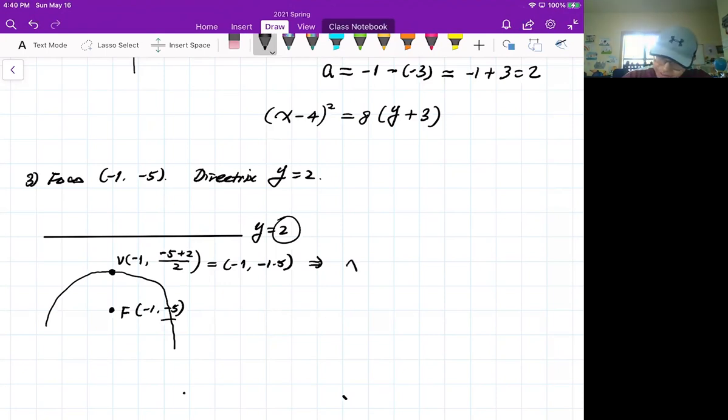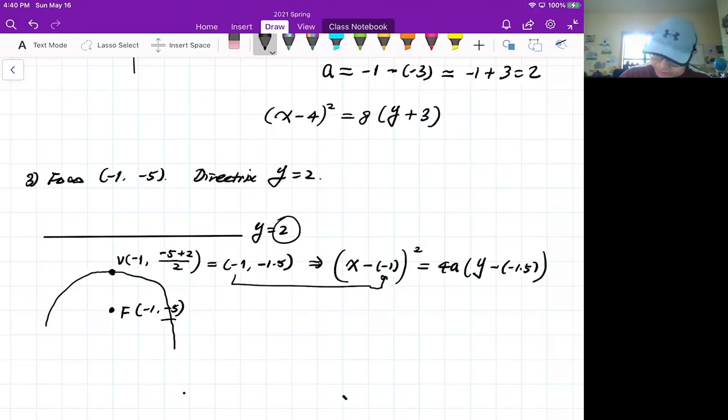But x should be x minus -1, right? So x squared equals 4ay, but y should be y minus the y value of the vertex. Does it make sense? So the -1 goes here, and the -1.5 goes here. And now I just need to figure out what is the value of a.